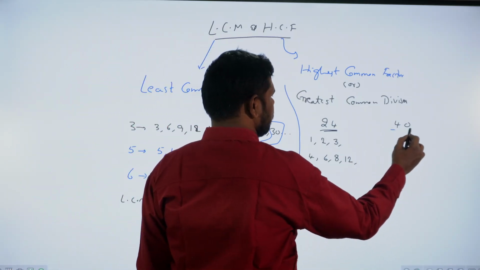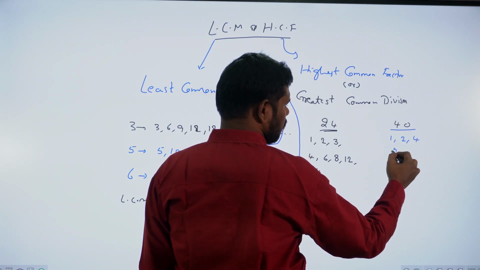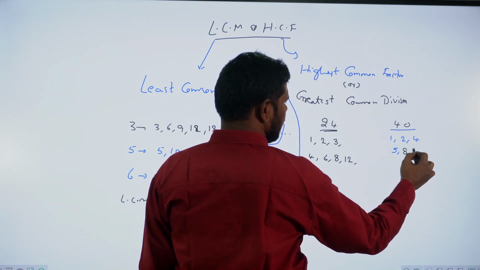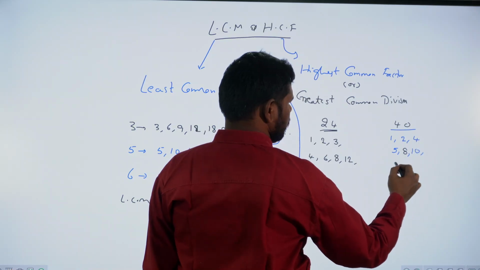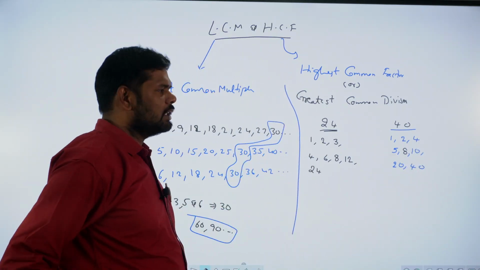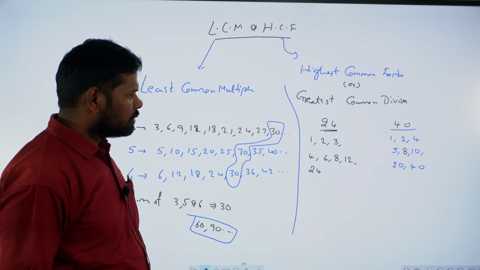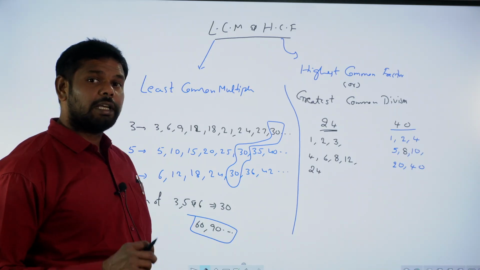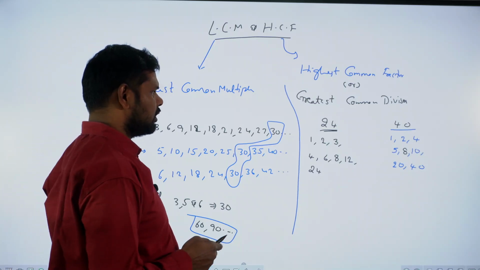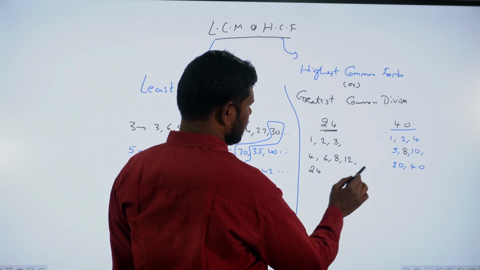Similarly for 40: 1, 2, 4, 5, 8, 10, 20, 40. These all are the factors of 40. Just observe in these two lists, which is the greatest common value? It is not 24, not 40, not 20.